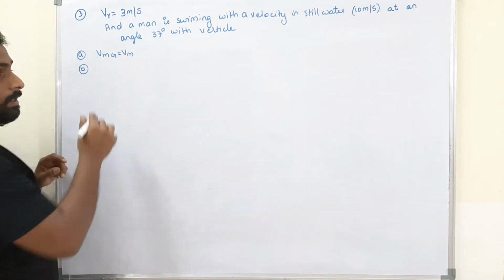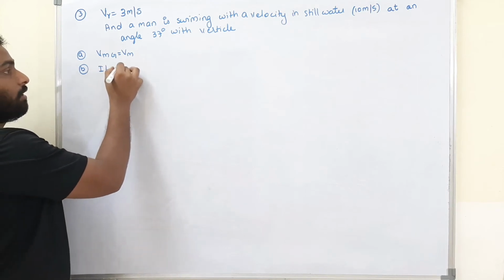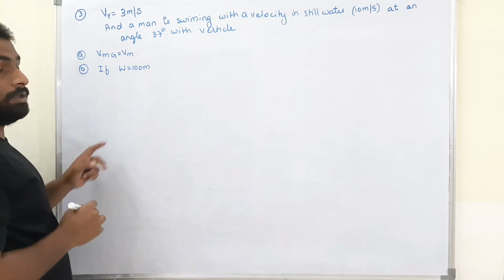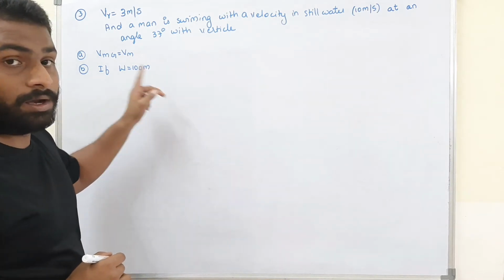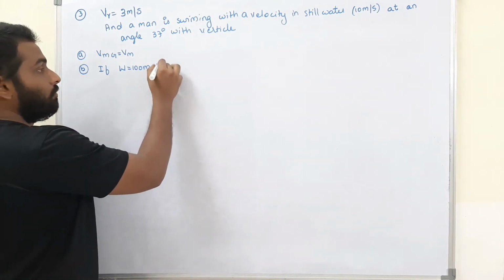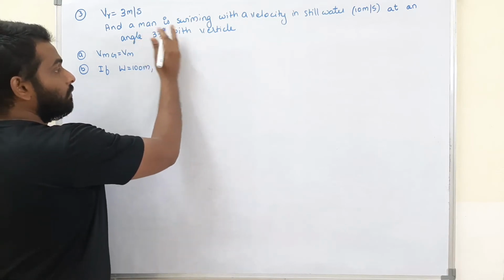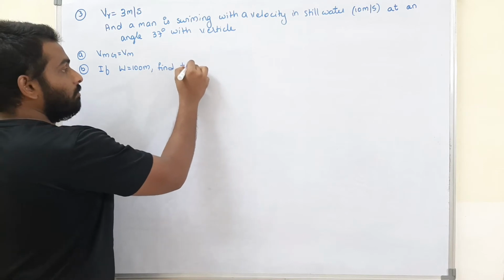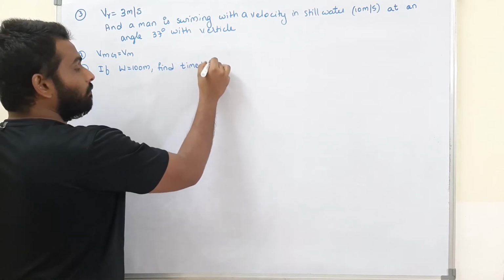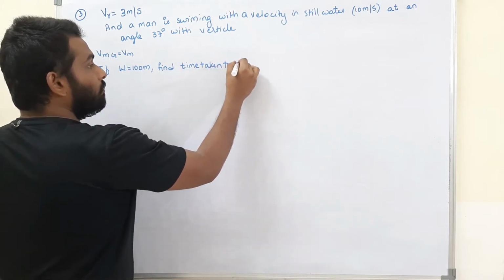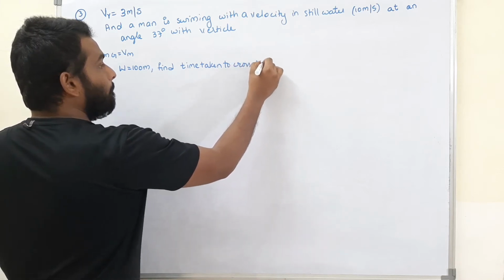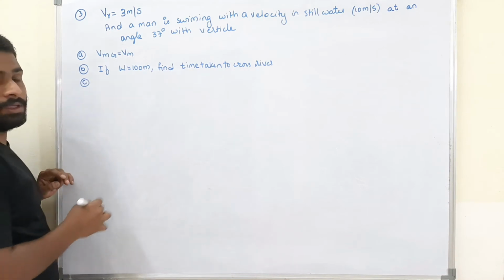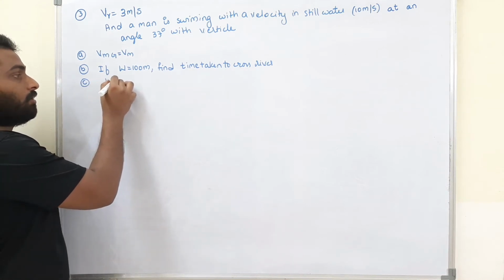Second point. If the width of the river is 100 meters, they told us to find the time taken to cross the river. Next, you want to find the horizontal drift.